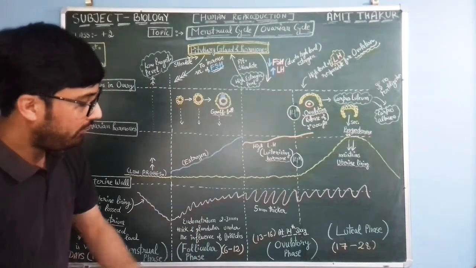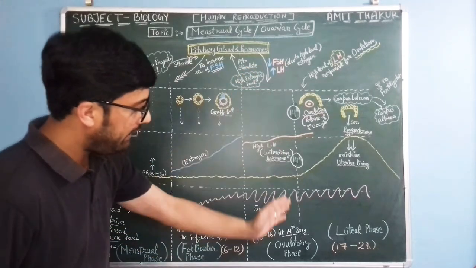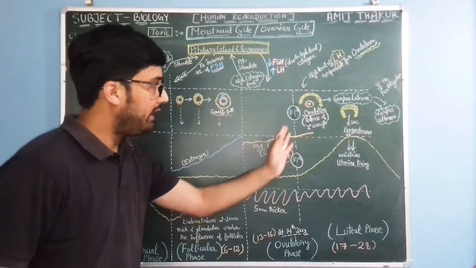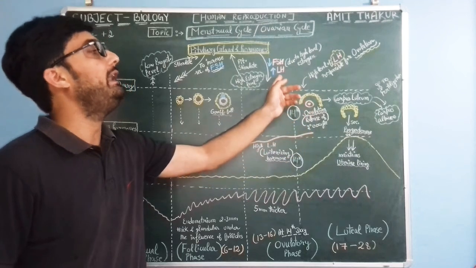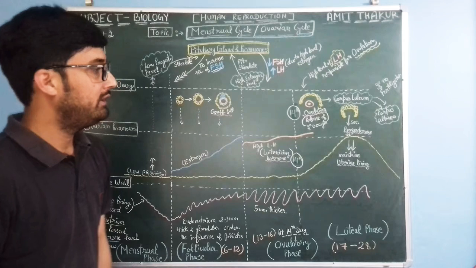Okay. So after this follicular phase, at the 14th day, what would happen? Ovulation occurs, which is marked by a high level of LH and a very low level of FSH.